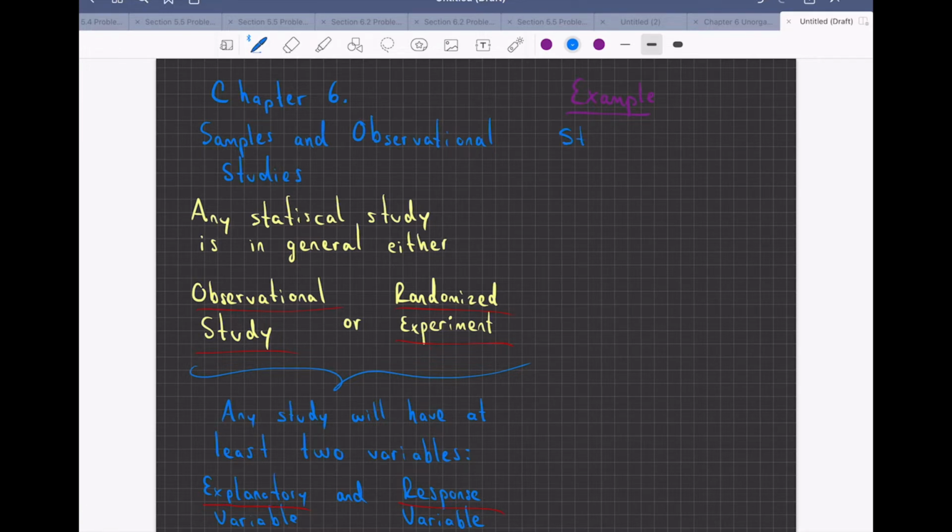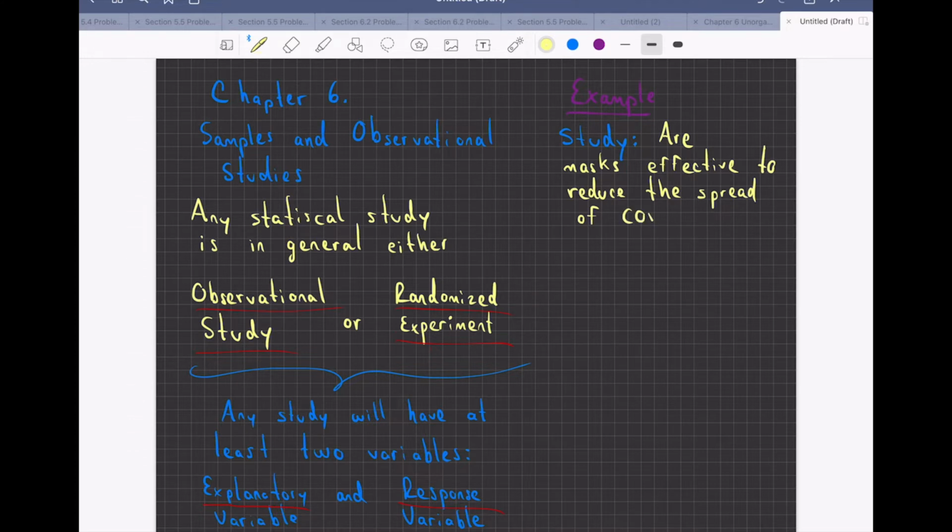We want to design one study to test whether masks are effective to reduce the spread of COVID.